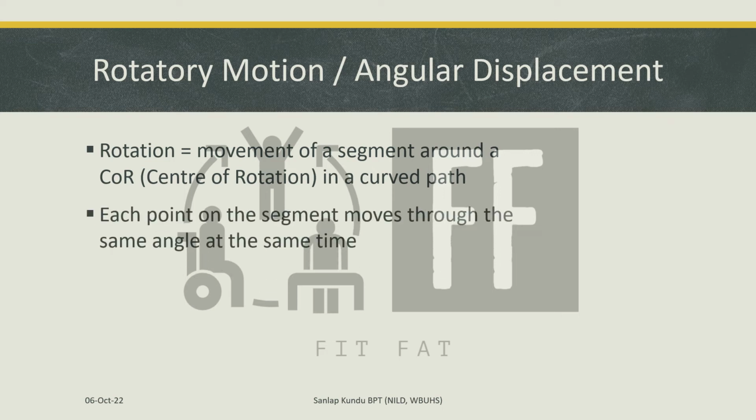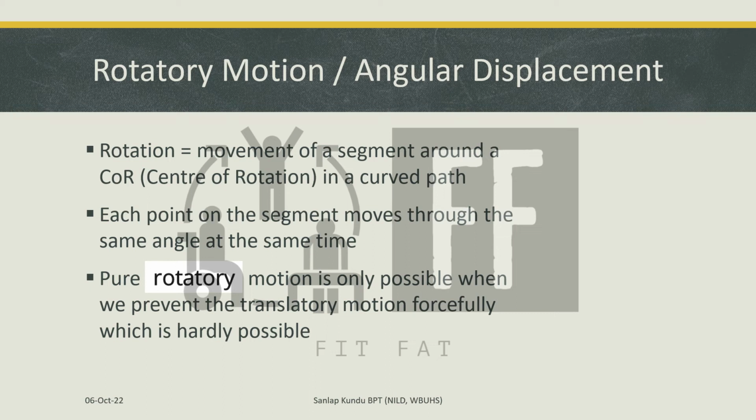Each point on the segment moves through the same angle at the same time. Now, pure rotatory motion is only possible when we prevent the translatory motion forcefully, which is again hardly possible because our body is neither constrained nor free.